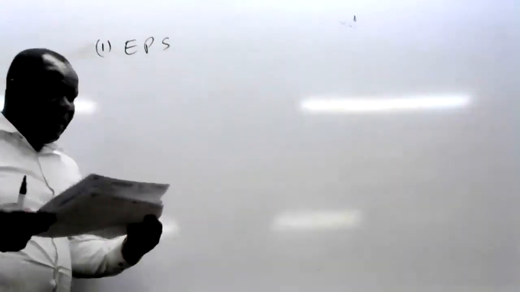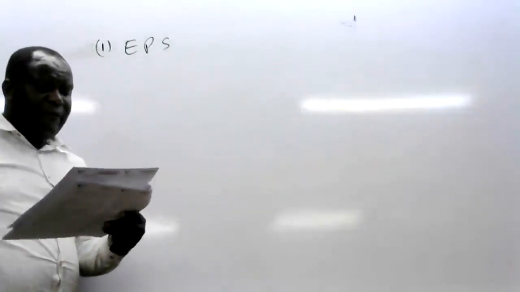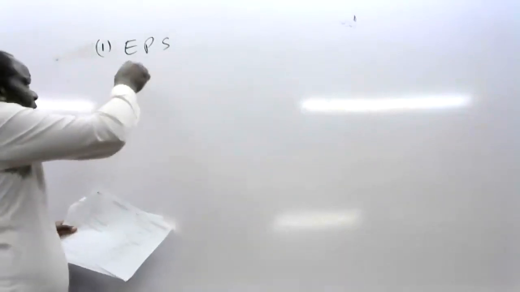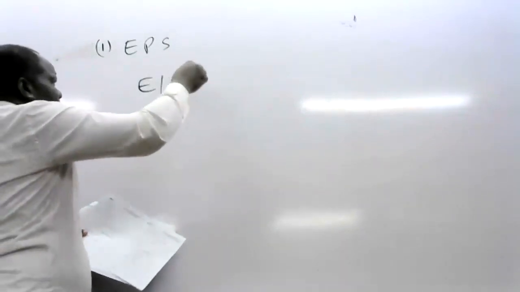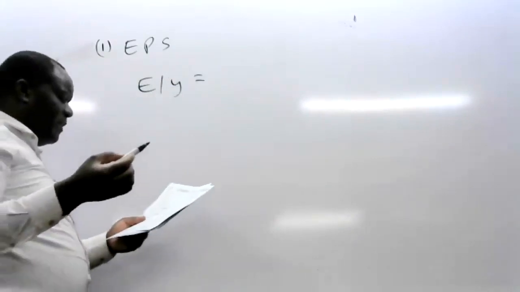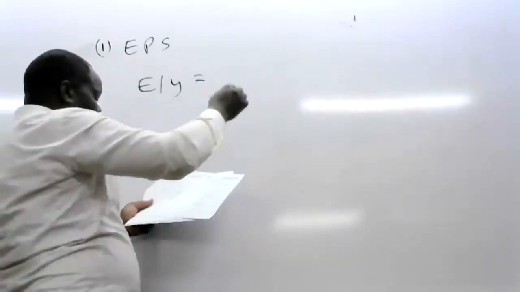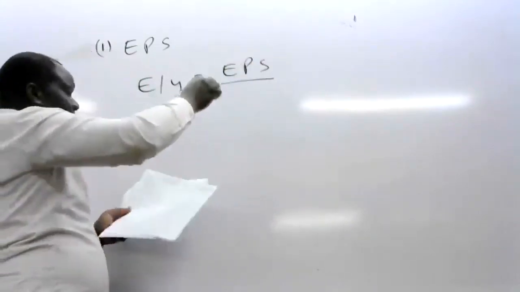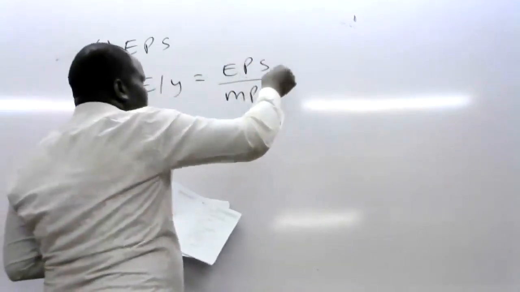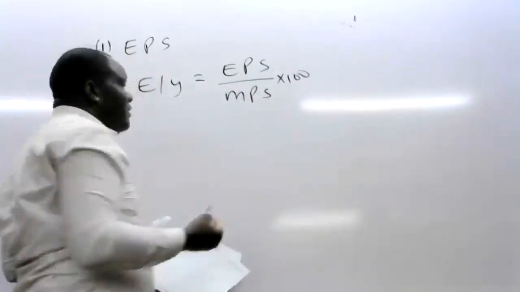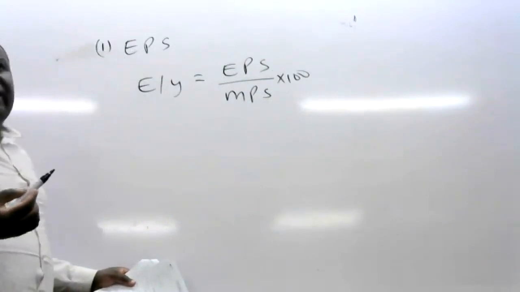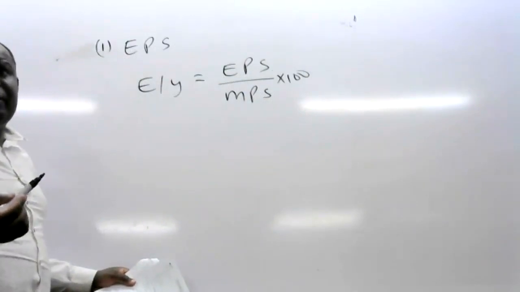Are you able to see the formula for the earnings yield? Earnings yield is given by earnings per share divided by market price per share, then you show it as a percentage.